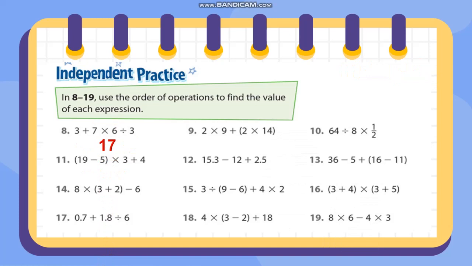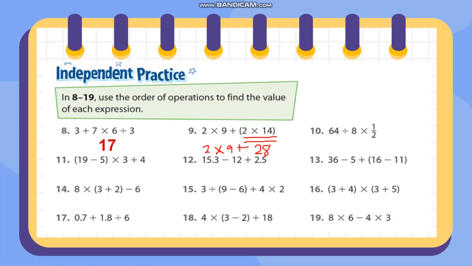Okay, next, let's apply the rule. In question number 9, do we have parentheses, the PEMDAS rule? Okay, do we have parentheses? Yes, so you need to evaluate first what's inside the parentheses. So 14 multiplied by 2 is equivalent to 28. Then we have 2 multiplied by 9, then plus 28. So you have multiplication and you have addition.